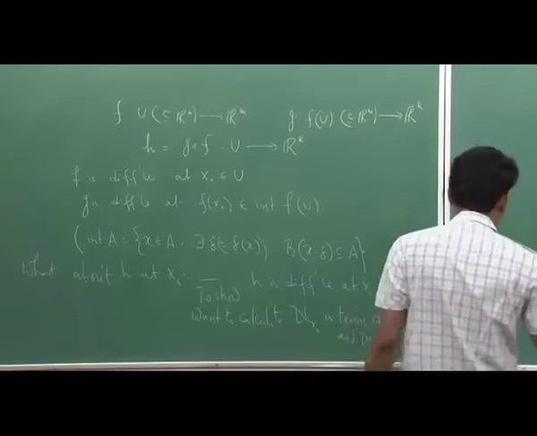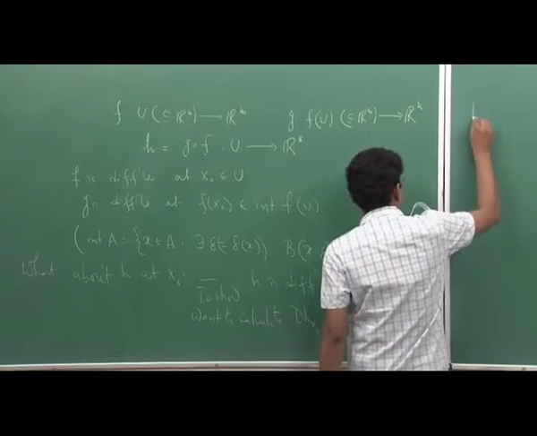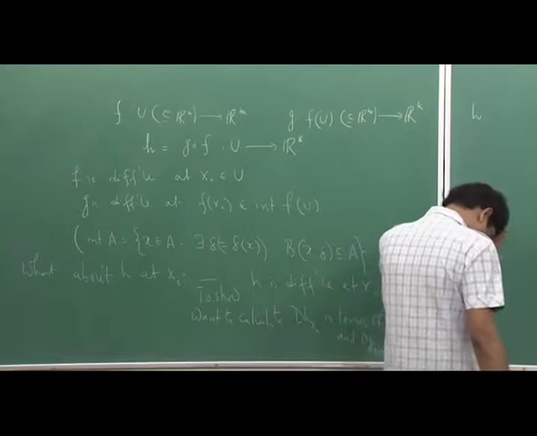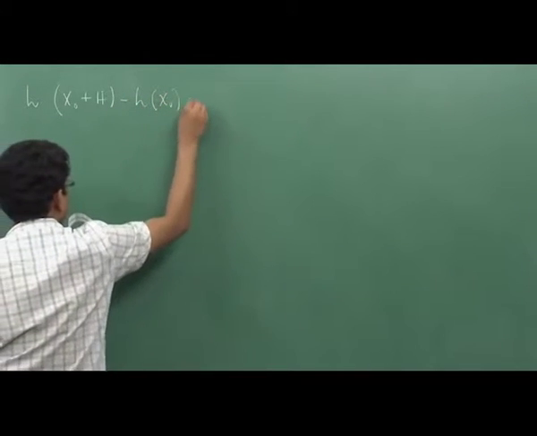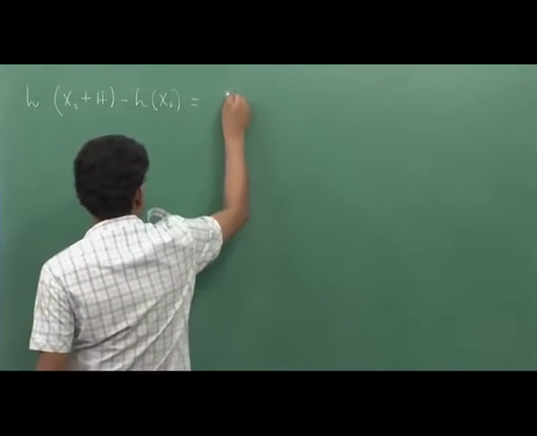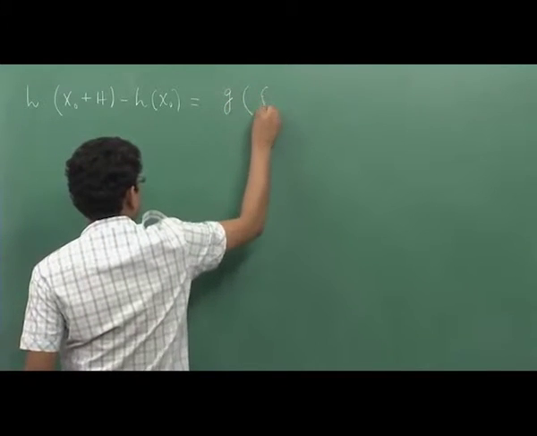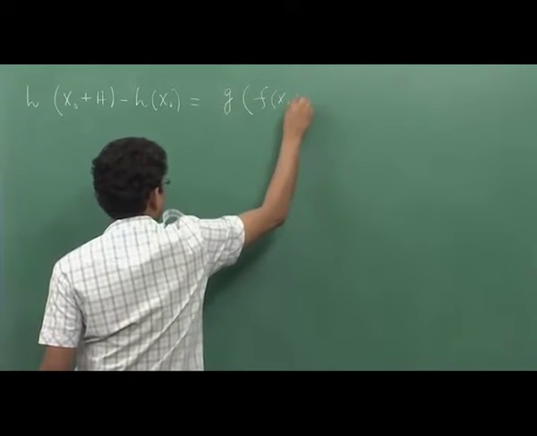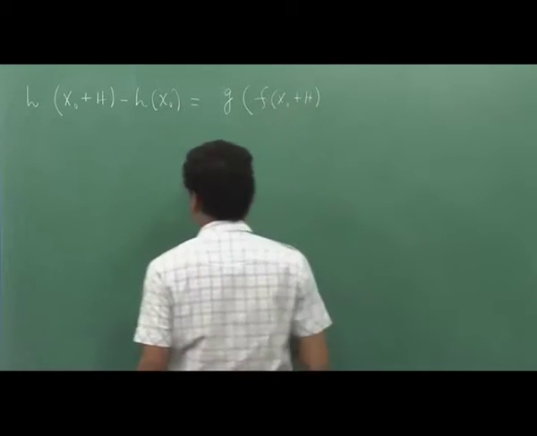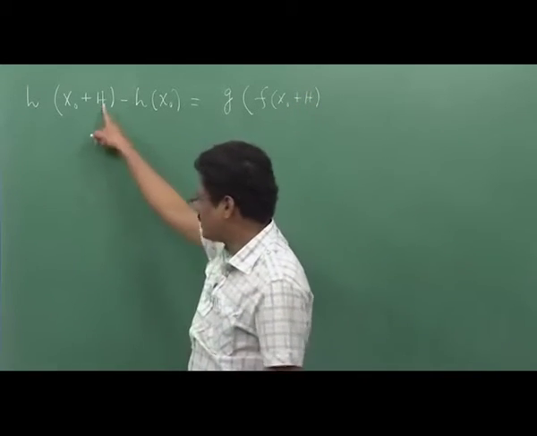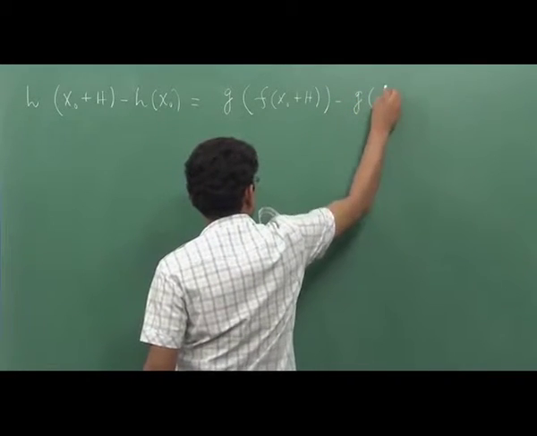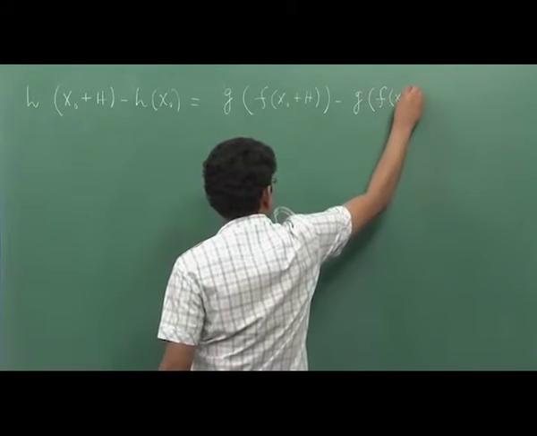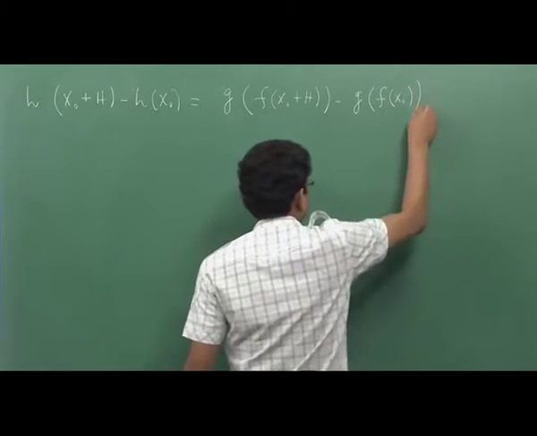So, we will start with the definition again. I have to look at h of x naught plus h minus h of x naught, which I write using the definition. This is g of f of x naught plus h minus g of f of x naught.